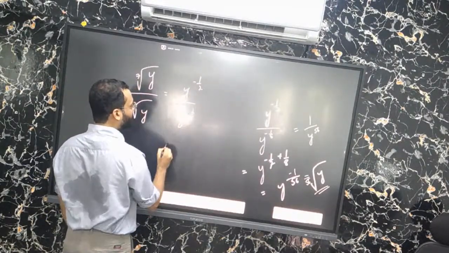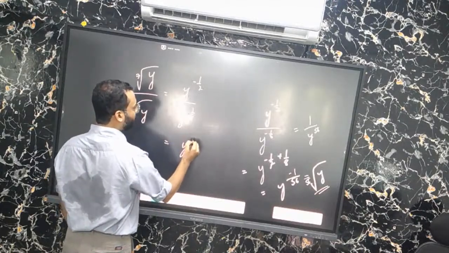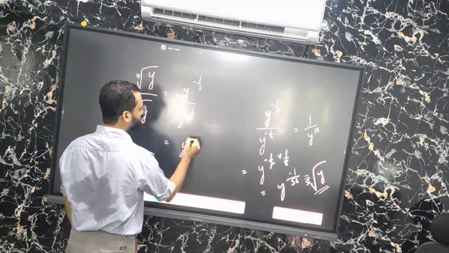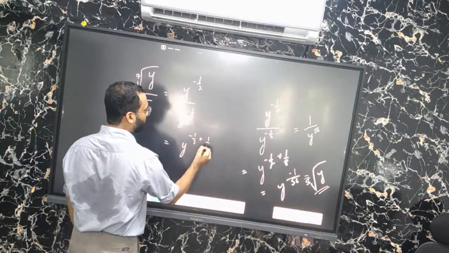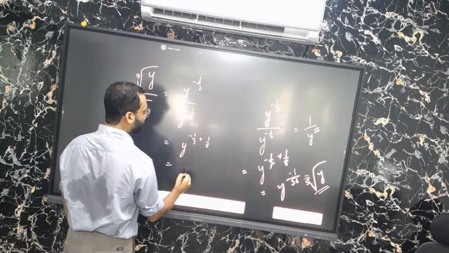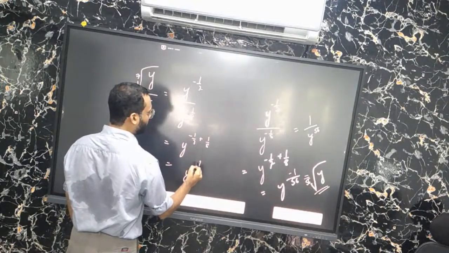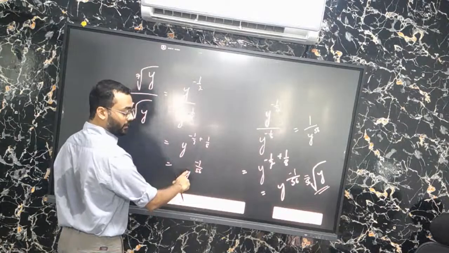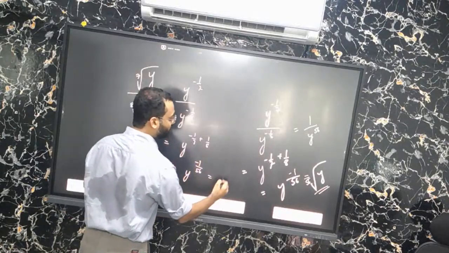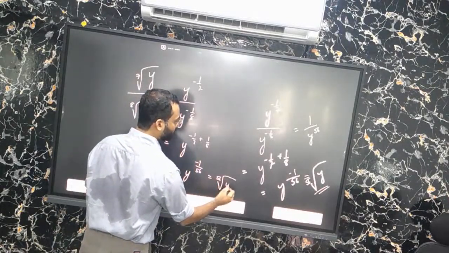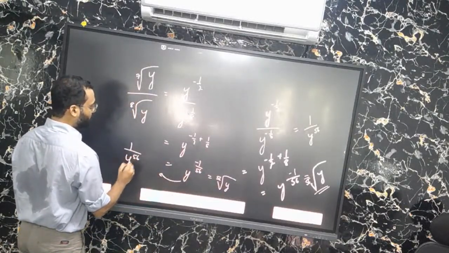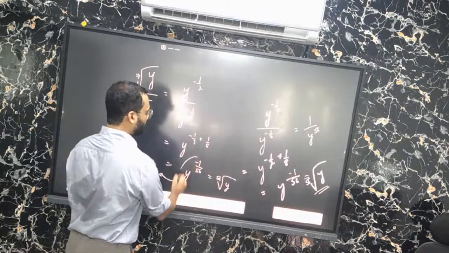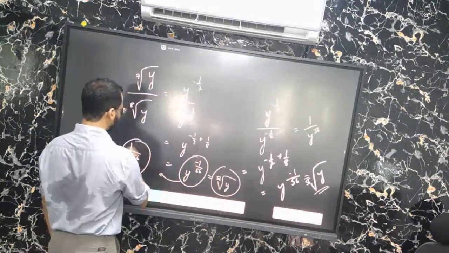If I want to simplify the indices, then y power minus 1 by 7 plus 1 by 8, since this is minus over here, it will become plus 1 by 8. If I simplify this, I'll get y to the power of minus 1 by 56. I can write it as y power minus 1 by 56 or 56th root of y, or I can also write this as 1 by y to the power of 56. I can write it like this, like this, like this.